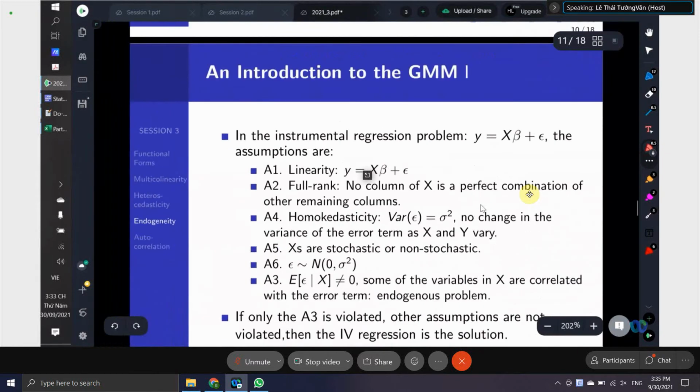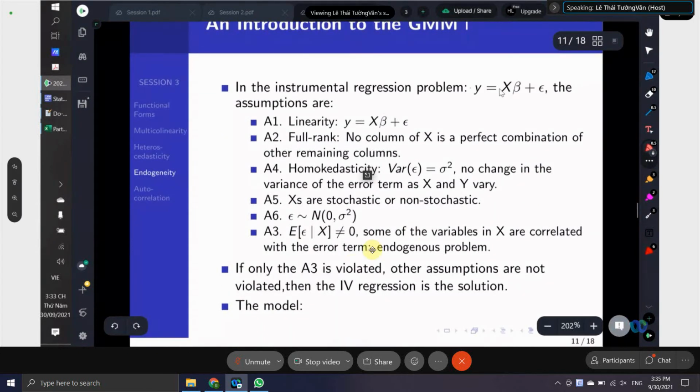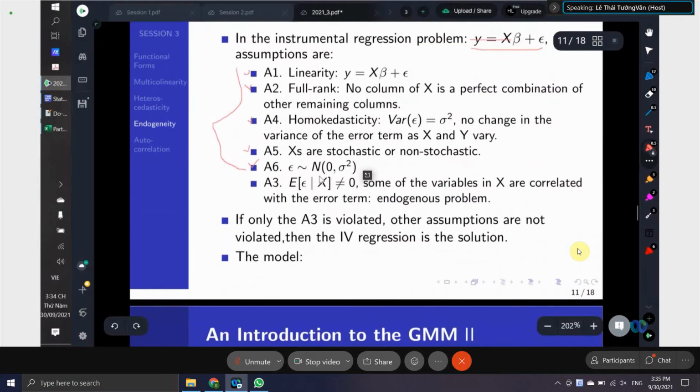To be precise, in the instrumental regression problem, if y is equal to X beta plus epsilon, the assumptions are stated here: 1, 2, 4, 5, 6. All of these five assumptions are assumed to be okay. We only want to focus on the violation of assumption 3.